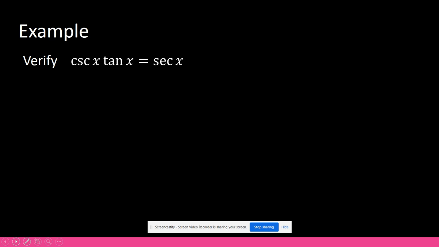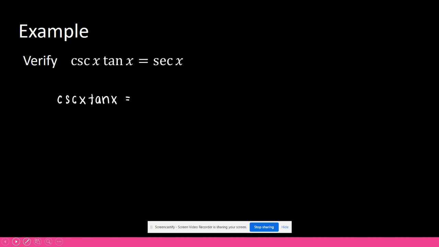If we had to pick which side looks more complicated, I would probably pick the side that contains the two expressions rather than the one. So I'm going to start with the left side, where the cosecant of x is being multiplied by the tangent of x, and start manipulating it so that eventually it is turned into the secant of x.